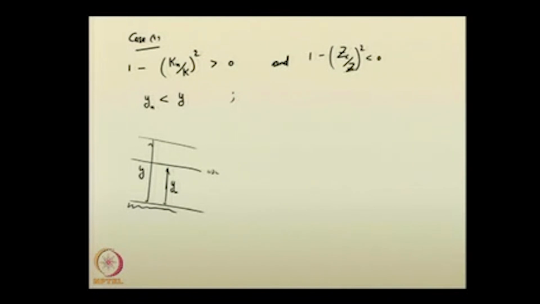Not only that, what does this mean here? One minus z c by z whole square should be less than 0. That is, this quantity z c by z should be greater than 1. Then only this can become negative. So what does that mean? Your y c is greater than the depth of flow, which implies supercritical flow.